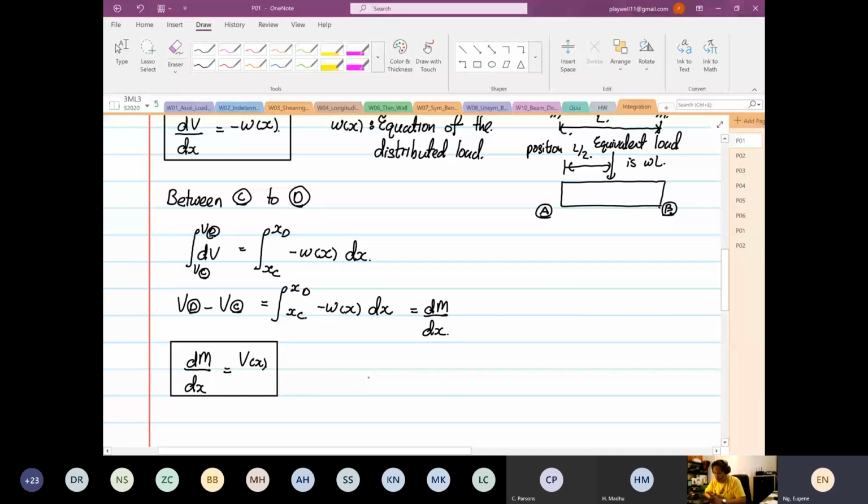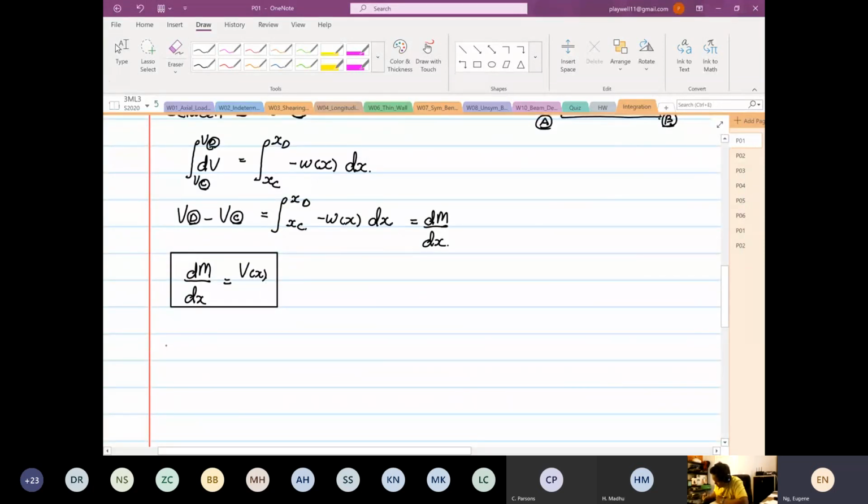So again between point C to point D, you have moment at point D minus moment at point C equal to the integral from distance of point C to distance of point D of V as a function of x dx.